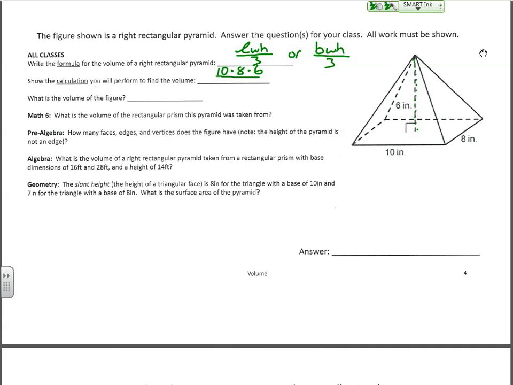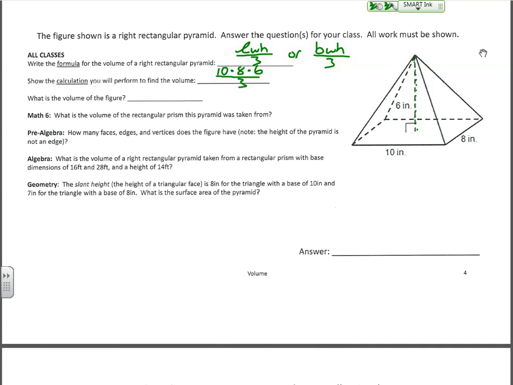That's the height, and we're dividing that by 3. So 10 times 8 times 6 divided by 3. Who's got it? Well, 10 times 8 times 6 is 480. What's 480 divided by 3?